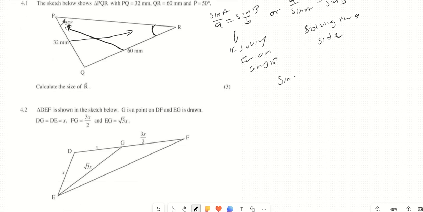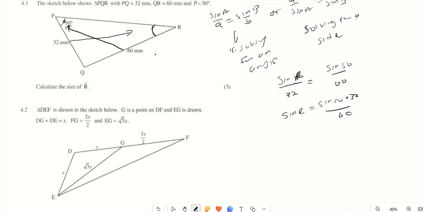I will say sine R over 32 equals sine 50 over 60. Just cross multiply: sine R equals sine 50 times 32 over 60.